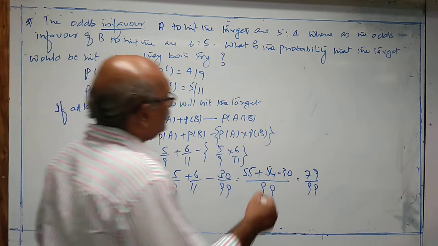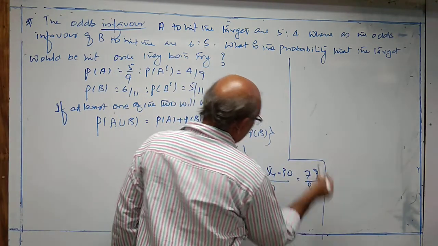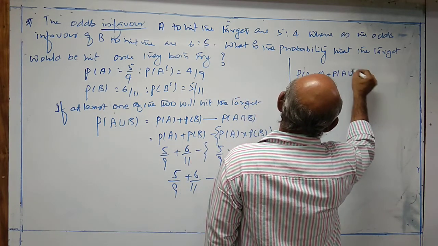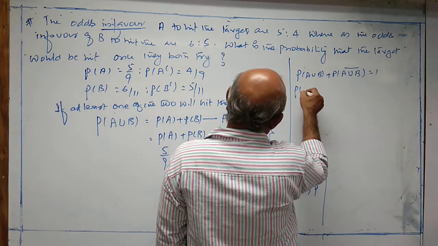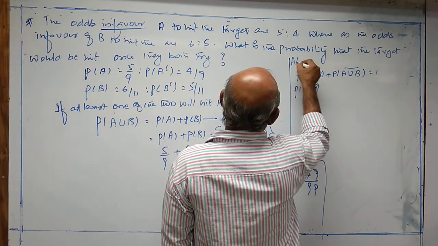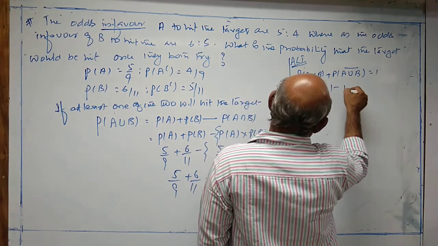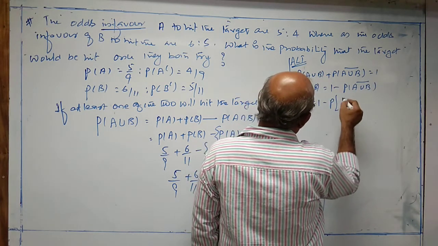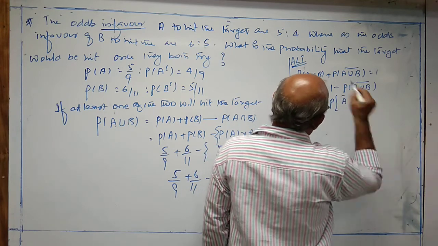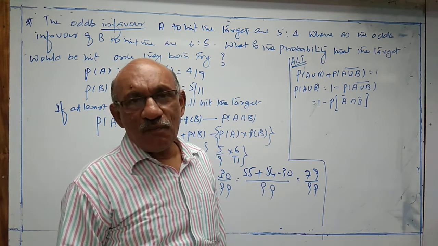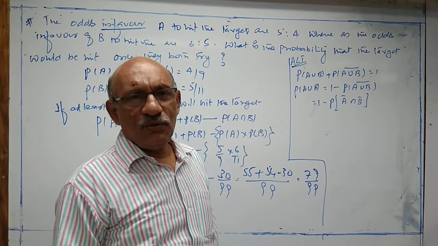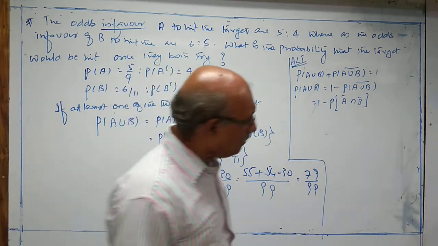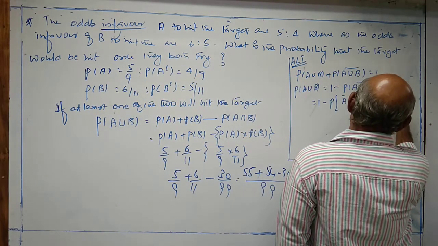Okay. There is an alternative approach. P of A union B plus P of (A union B) complement is equal to 1. So P of A union B is equal to 1 minus P of (A union B) complement. A union B whole complement can be written as A complement intersection B complement by De Morgan's laws.